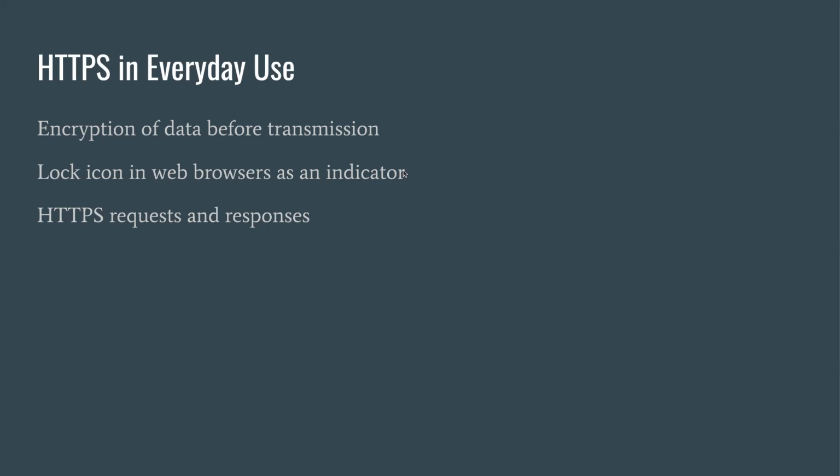This lock icon exists to signify that you are in a secure connection. Despite this encryption, HTTPS requests and responses behave very similarly to HTTP. I guess it makes sense because HTTPS is built on HTTP. So it maintains the same basic structure and content.